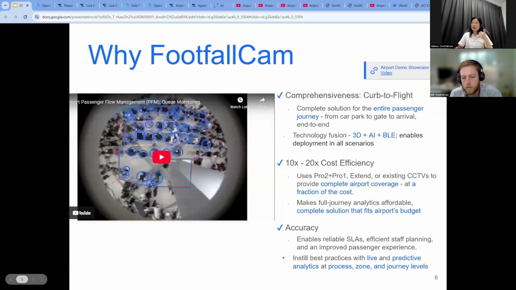Now, the second reason is because we deliver unmatched cost efficiency. Typically a 10 to 20 times cost advantage over the traditional solutions and our competitors. And that is not an exaggeration. Our coverage per sensor is wider, our Bluetooth BLE tags are license-free, and we reduce infrastructure and deployment costs.